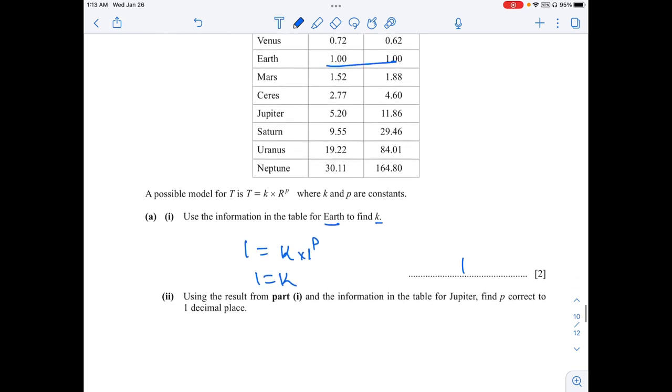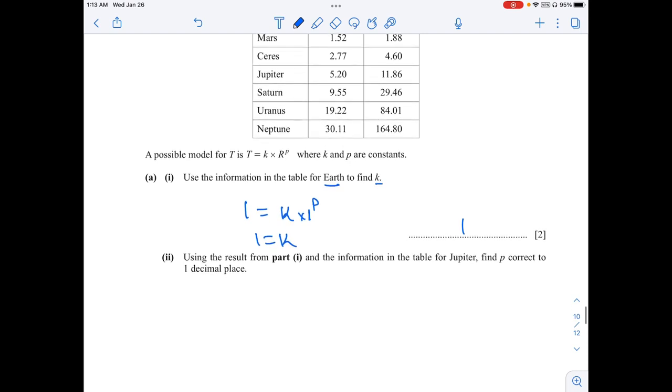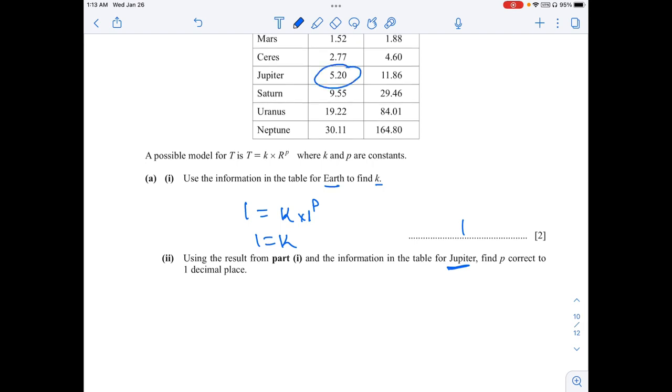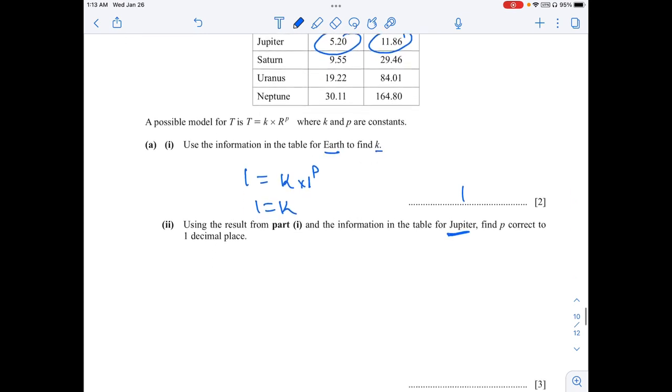Use the result in part 1 and the information in the table for Jupiter to find p correct to one decimal place. So for Jupiter, r is 5.2 and t is 11.86. So 11.86 is equal to 1 times 5.2 to the power of p. I want to find the value of p, so I apply logarithms on both sides.